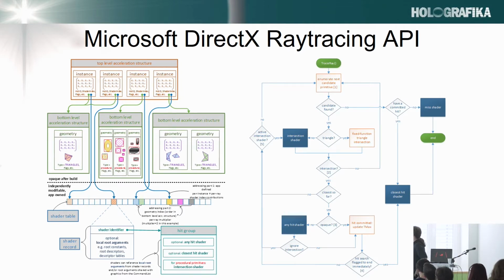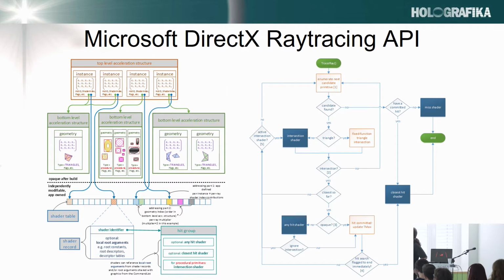Okay, so again, we have the trace ray. We check for candidate primitives. If we have found one, then if it's a triangle, we go to the fixed function. If it's not a triangle, intersection shader. If we have an intersection, then we evaluate either the any hit shader or the closest hit shader.